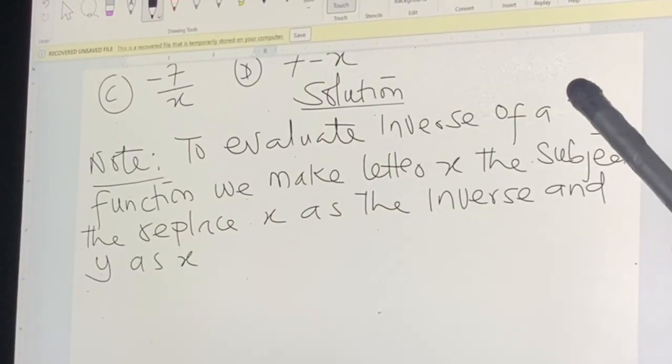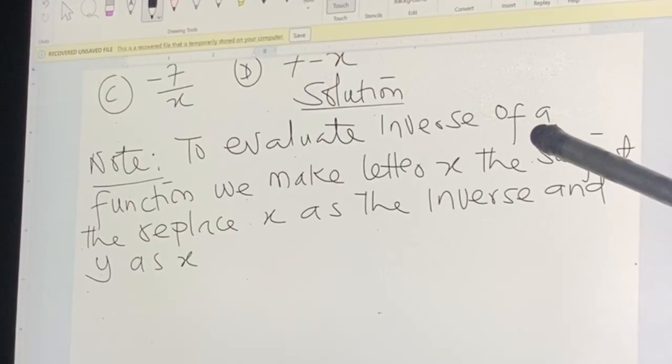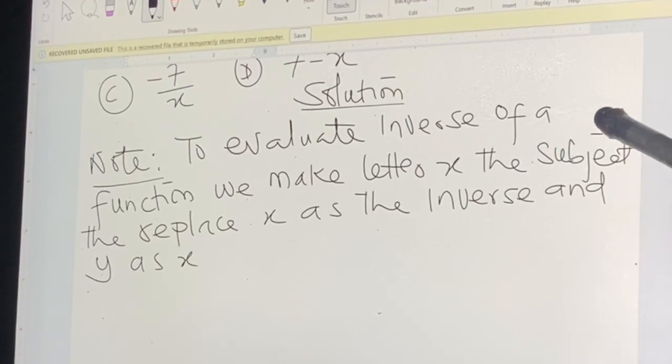From this note, we have to make letter s the subject of formula and then replace s as the inverse. So if the function is f of s, replace s as f inverse when we make s the subject. Please take note. And again, replace y as s.